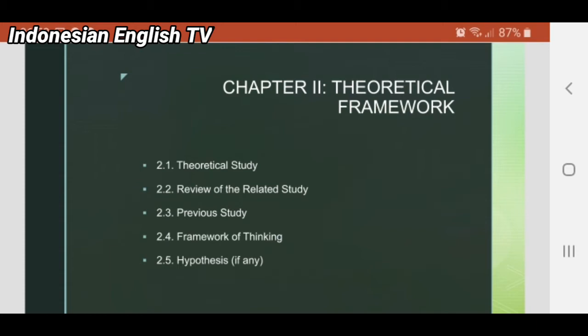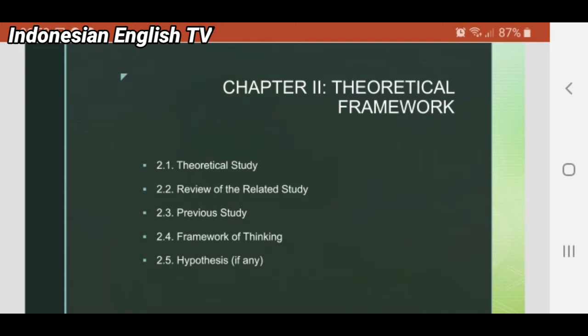And then number 2, you have review of the related study, where you have to find the study that is most likely the same as your research will be.